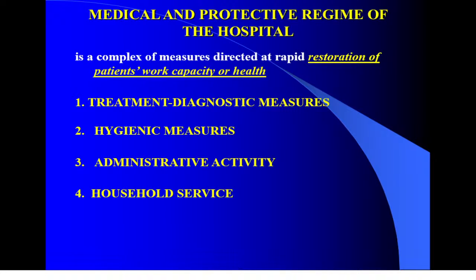First of all, treatment and diagnostic measures. It's the main group of measures. It's the main type of work of the hospital, because a hospital, first of all, is necessary for treatment and diagnostics of diseases. Next group, hygienic measures.